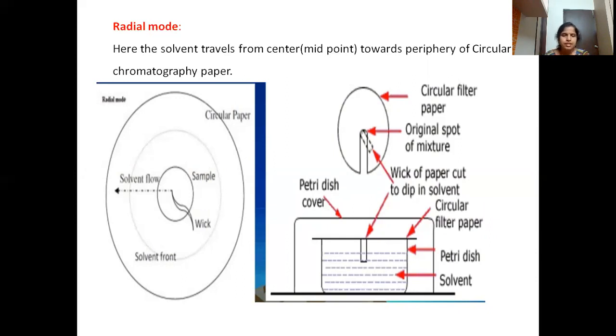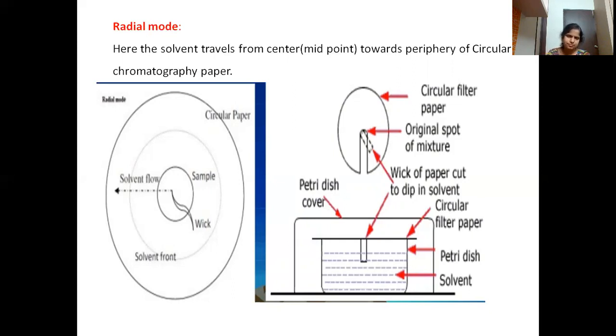Now again here also, after the solvent has traveled up to 3/4 of the distance, we have to stop the experiment. Just remove the filter paper from the petri dish, and mark it as the solvent front.